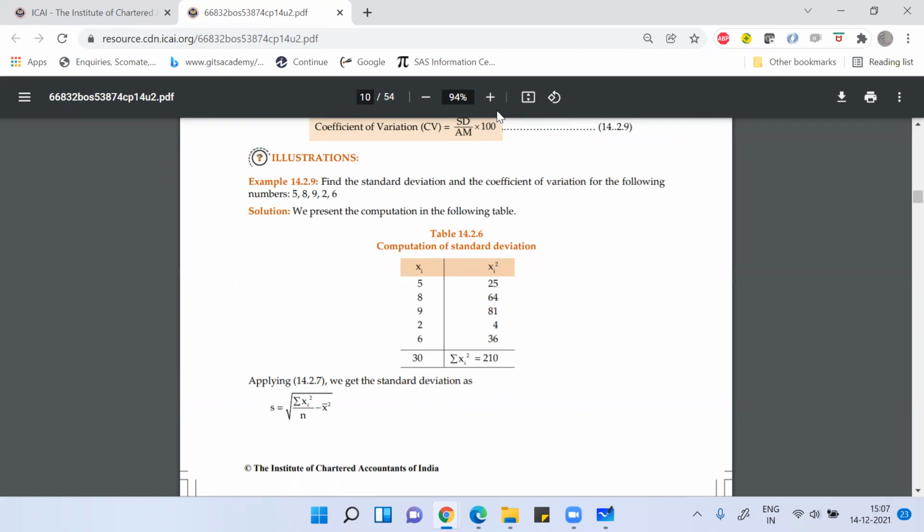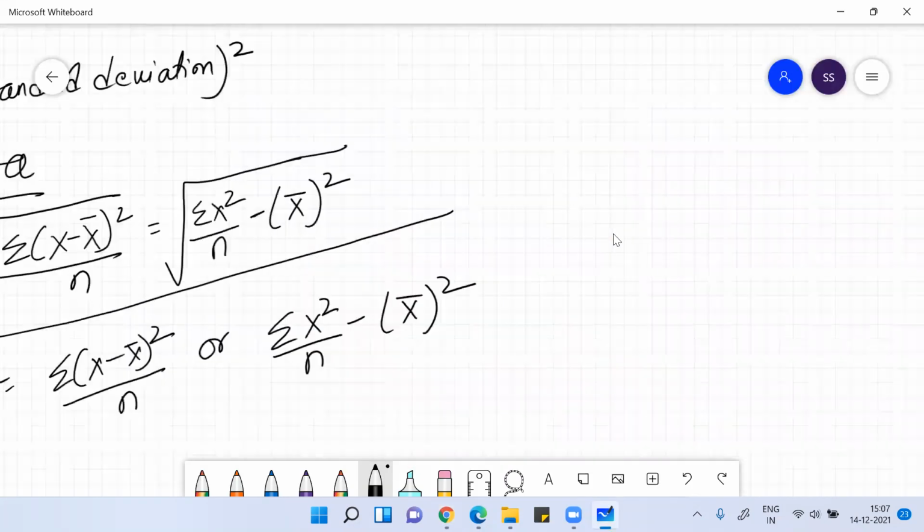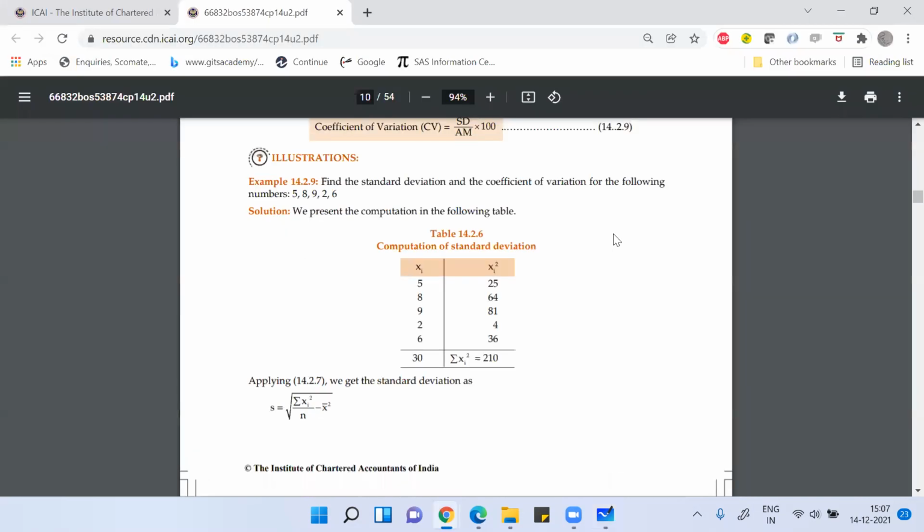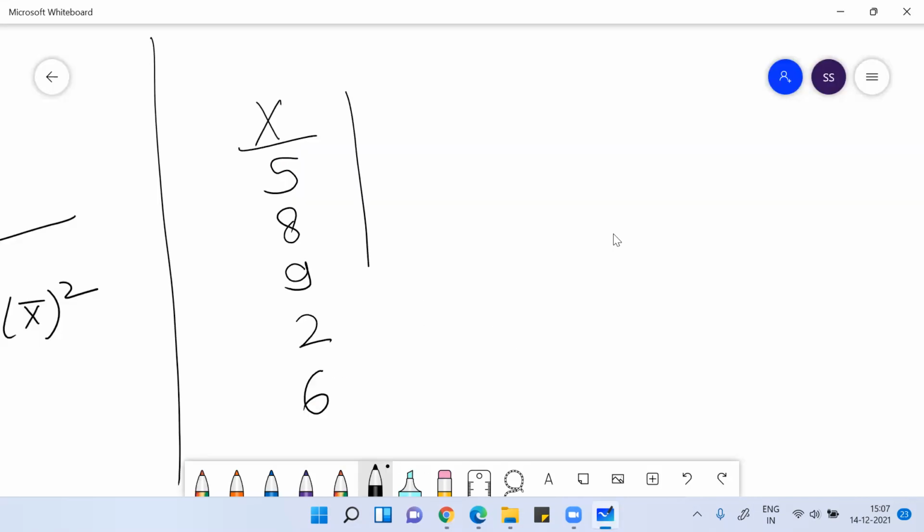If you say okay, fine, I'll do this. If I'm asking you to calculate the standard deviation and coefficient of variation for some numbers like 5, 8, 9, 2, 6, you can use any formula.